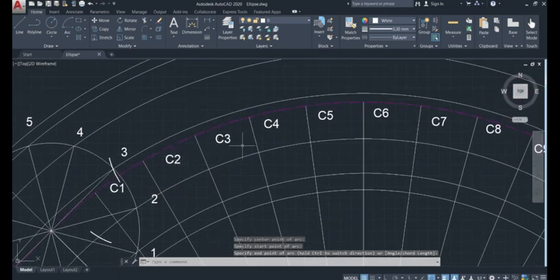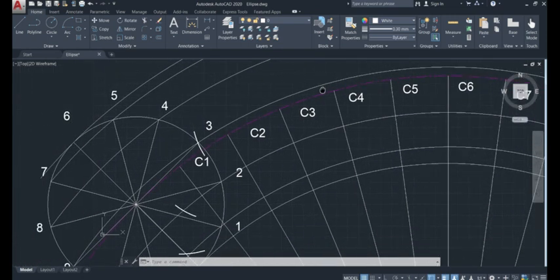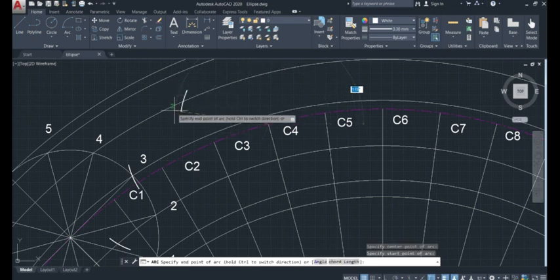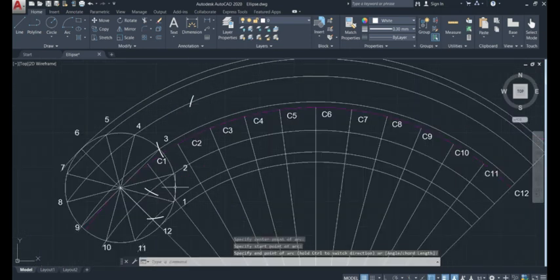Then we have to draw another arc of center C4 with the same radius of 20 mm, which intersects the arc passing through 8 and 4. Similarly, we have to connect arcs from different centers C5, C6, C7 up to C12 with the same radius of 20 mm.